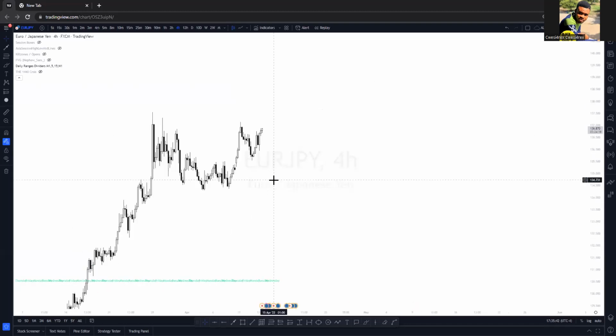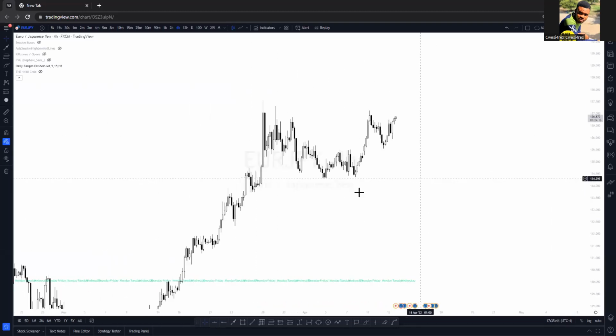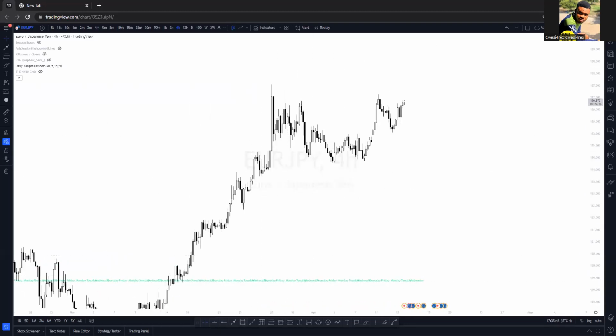So over here, you can see the H4. Let's try and identify this. We had higher low, higher high, higher high, higher low, higher high, higher low. Price failed to create a new high. Good.